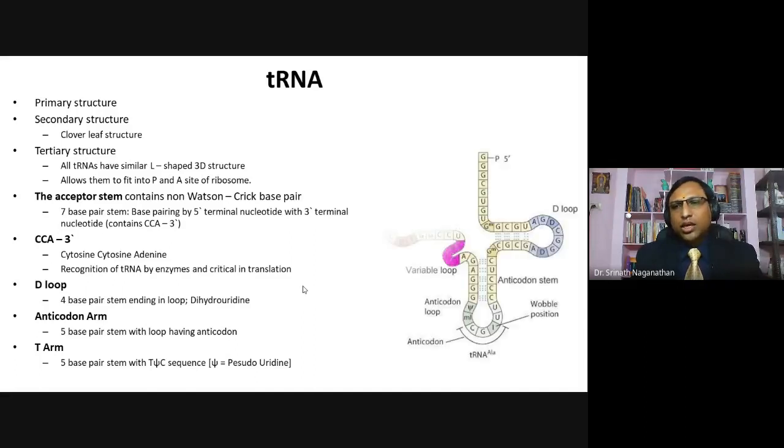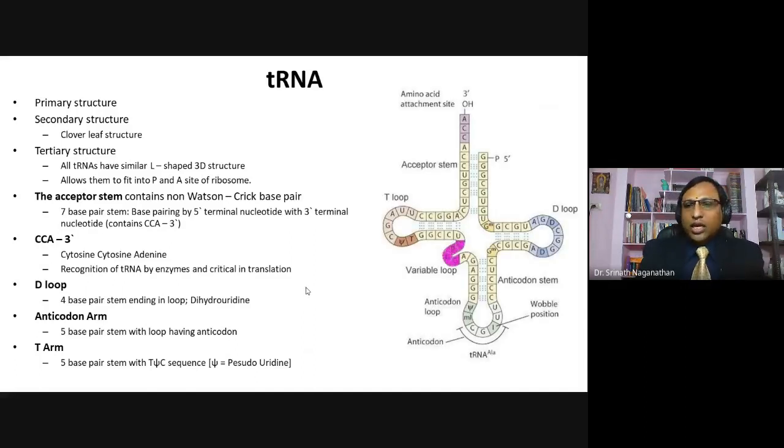Let's see the structures. As I said, this is the cloverleaf structure. It has the CCA at the free end, the OH at the 3', and the phosphate at the 5'. This is the acceptor stem, at which the amino acids can attach, and recognition happens between the anticodon regions and the codons of the mRNA.